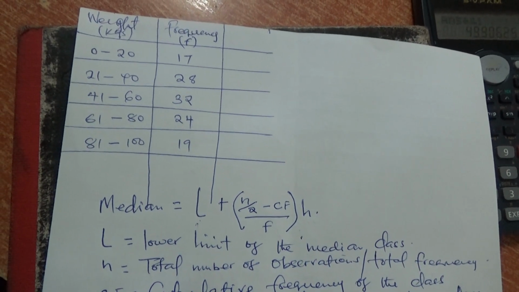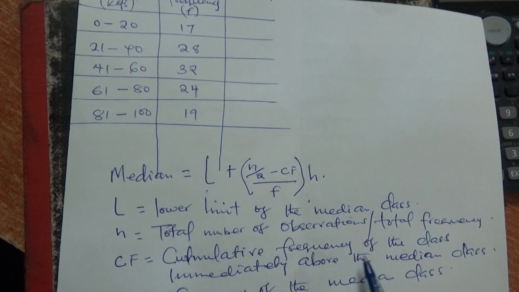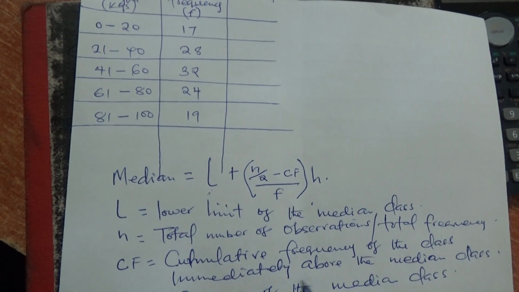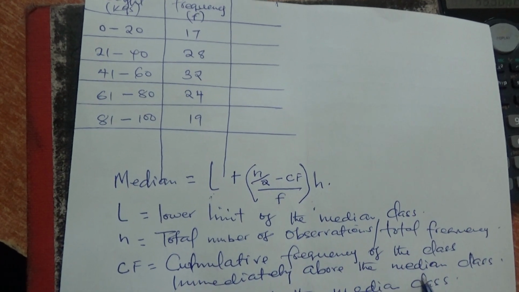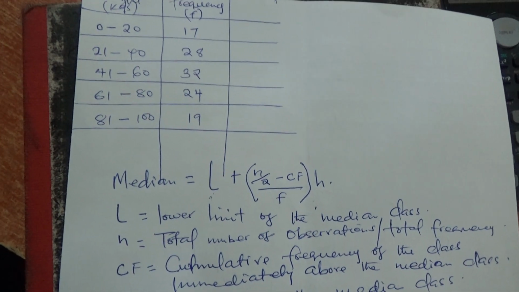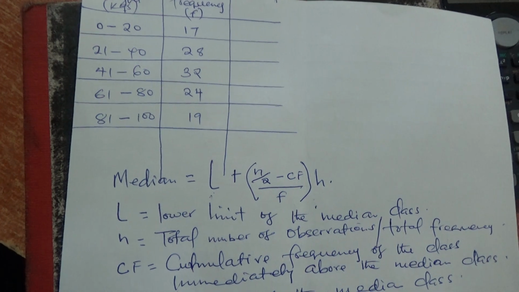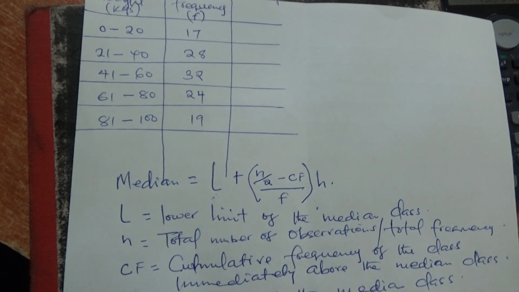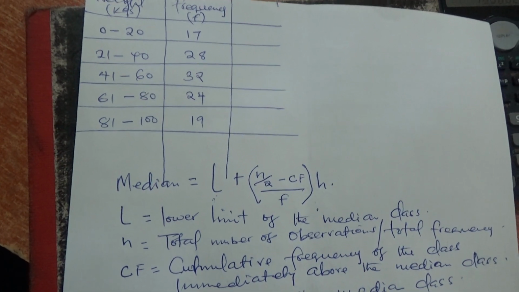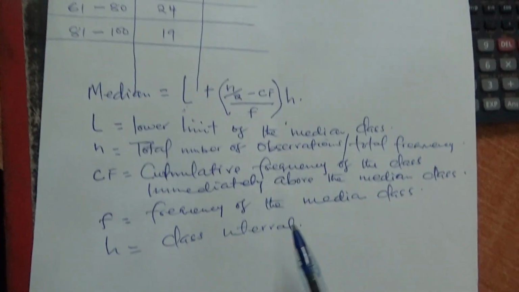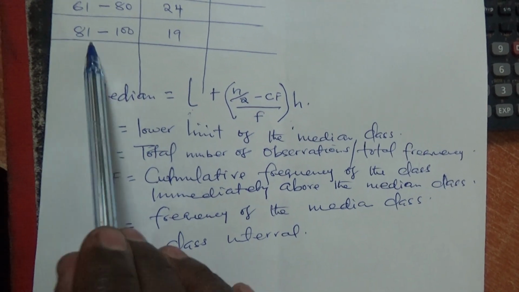CF is the cumulative frequency of the class immediately above the median class, the class that comes just before it. The frequency F is the frequency of the median class, and H is the class interval.